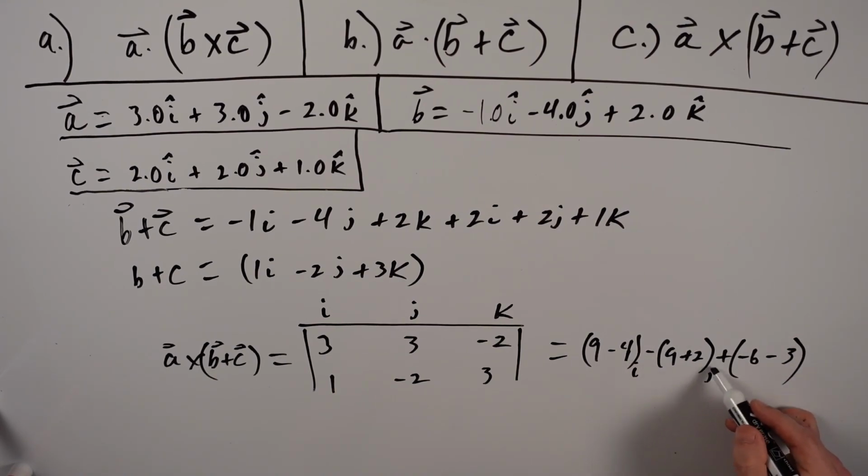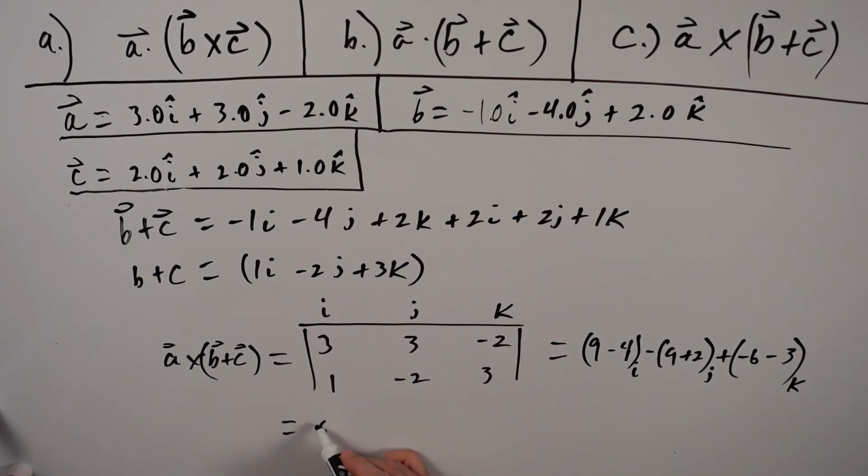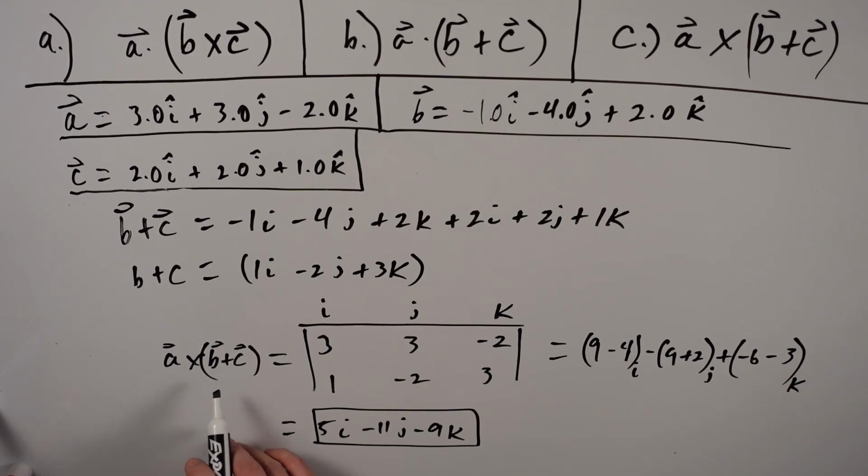And these are all IJK. So basically, figuring this out, you should get 5I, negative 11J, and negative 9K. And so this should be the final answer for what is A cross B plus C.